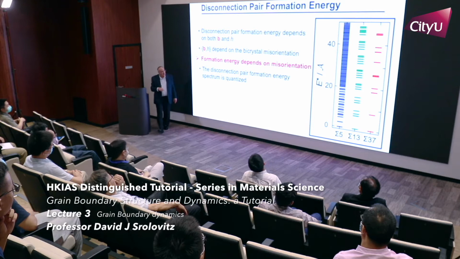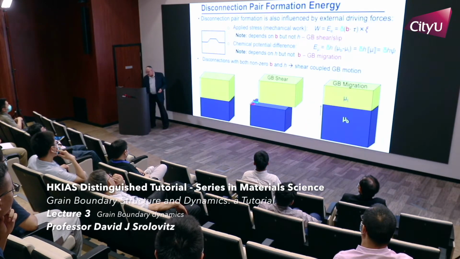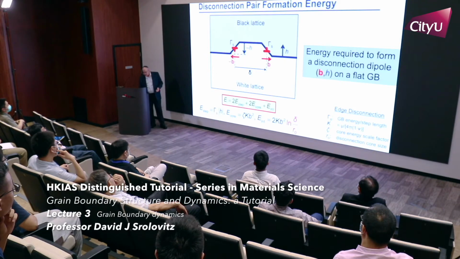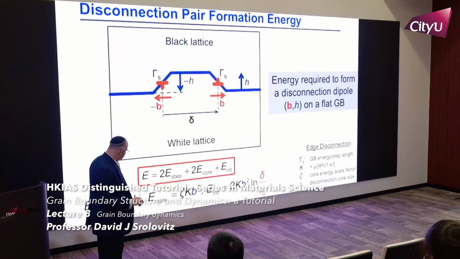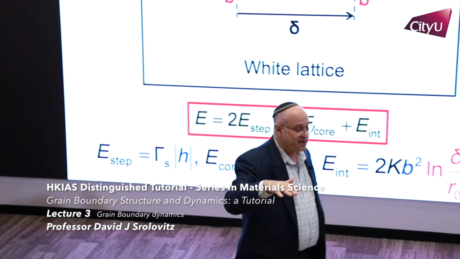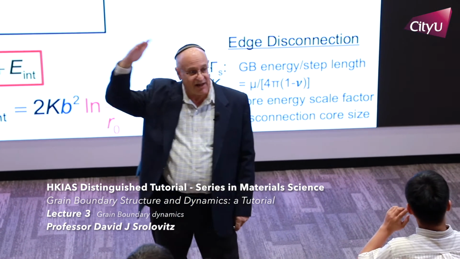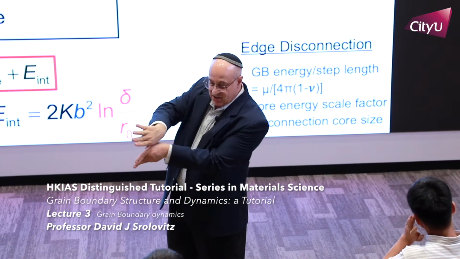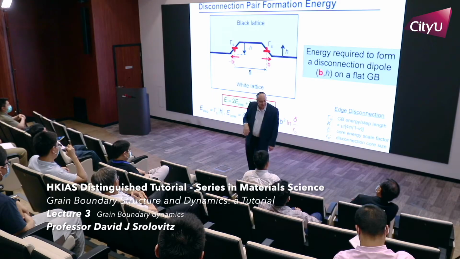Okay, before I do it though, I want to remind you that the grain boundary energy here, or the formation energy for the disconnections, depends both on H and B. And just to remind you that any grain boundary has a specific set of allowed values of H and B. If I change the misorientation, I will change the H's and B's that are allowed. Okay?